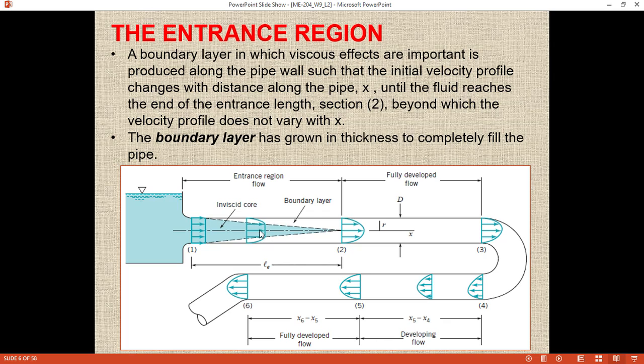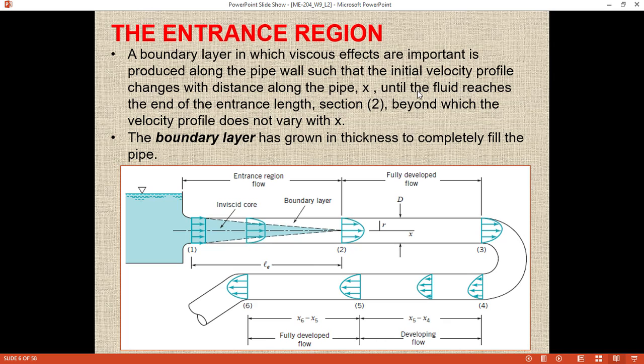Here the velocity is not changing along the x-axis or the radial axis, okay, in this case. But here you can see the velocity is changing along the x-axis as well as the radial axis. At this radius velocity is different, at this radius velocity is different, okay.